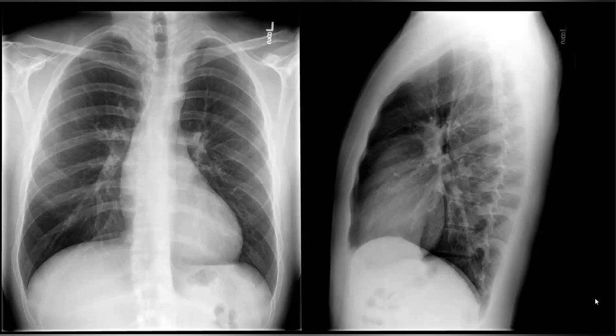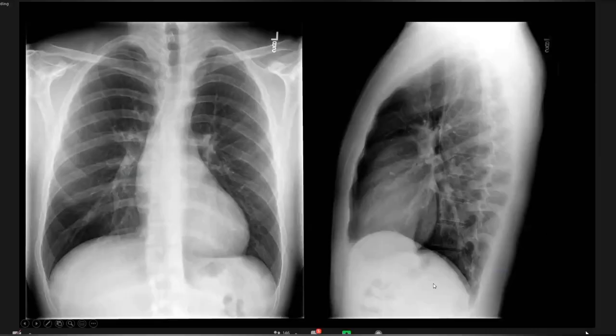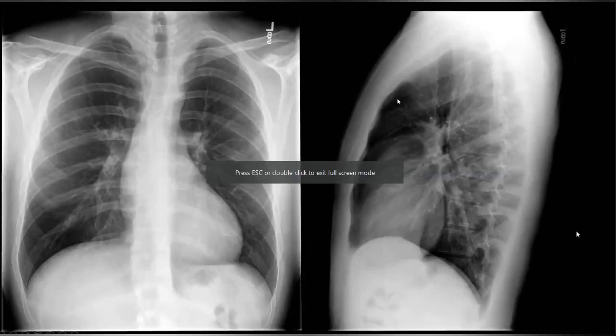Sir, on the lateral radiograph, I can see the retrosternal space appears to be normal. The retrocardiac space lucencies are completely normal. The lower vertebrae are not less translucent as compared to the upper, so there's a good gradient of increasing lucency as we go down, which is normal.